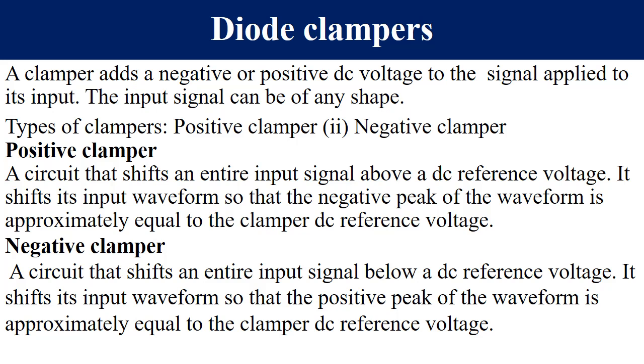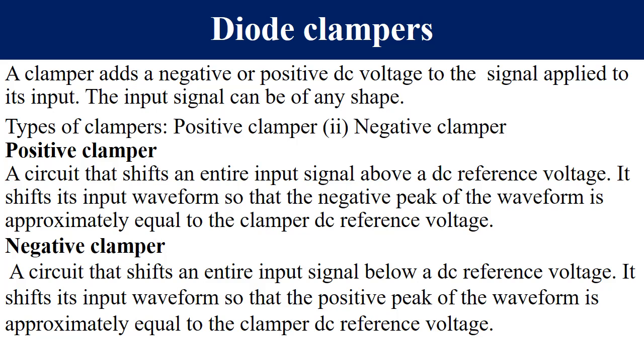It shifts the entire signal so that it is above a DC reference value, and the normally used DC reference value is 0 volts. That is to say, a positive clamper shifts the input waveform so that its negative peak is approximately equal to the DC reference voltage. What does a negative clamper do?